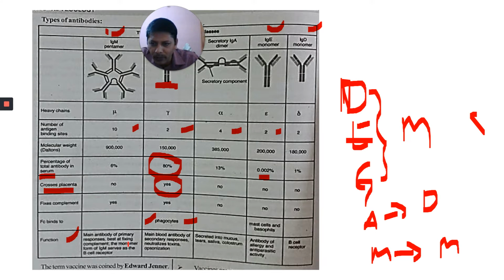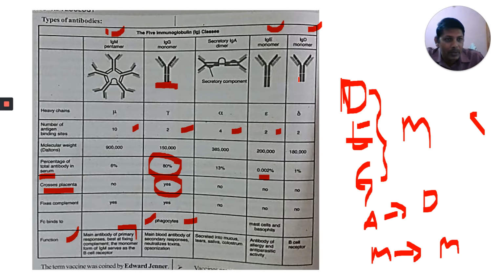They can start it. The main antibody of the primary immune response, you have to read these points also. Recently in one of the mock tests, I cannot remember the exact number, they asked what type of antibodies are present in saliva.